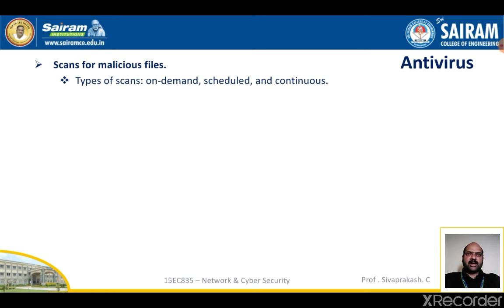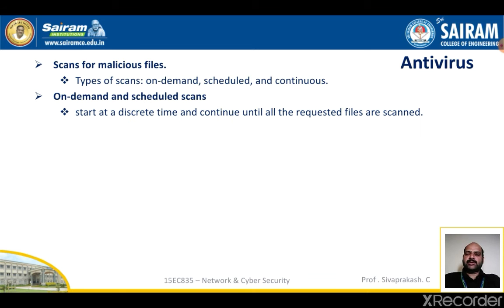In particular, modern antivirus software can protect us from malicious browser helper objects too. Actually, antivirus protection scans for malicious files. There are several types of scans: on demand, scheduled, and continuous.